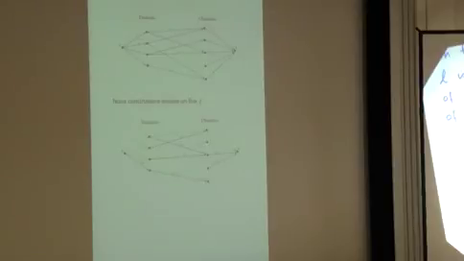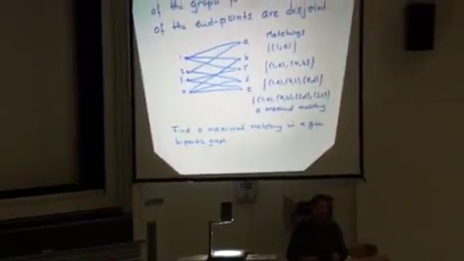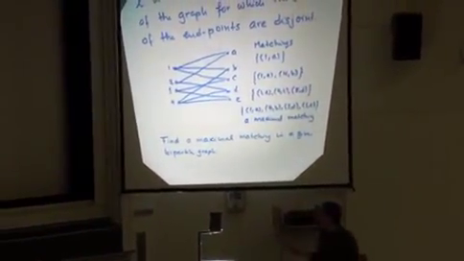The flow will designate certain of these edges with value 1 and all the others with value 0. Those that have a value 1 will be the edges in your matching. And this will be a matching because 2 edges cannot have the same endpoint, because of the conservation of flow.